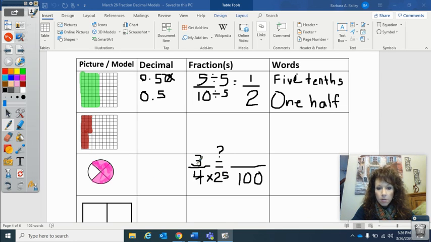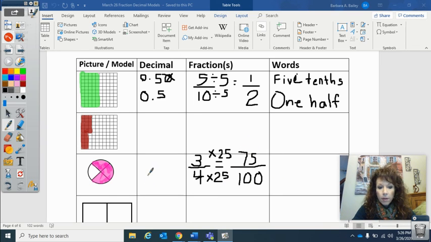And I can also do 3 times 25. And if you're thinking in money, that's like 3/4, right? So 3 times 25 or 3/4 is 75 cents. So 3/4 as a fraction can be expressed as 75 over 100.